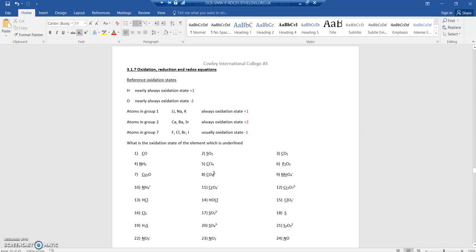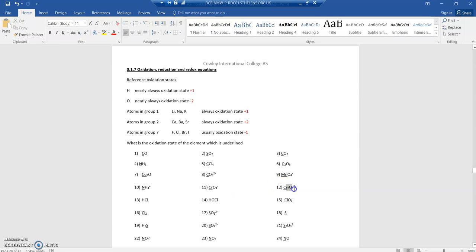X minus 6 leaves minus 2. So carbon is in plus 4. Plus 4 minus 2 minus 2 minus 2, or plus 4 minus 6, is minus 2 overall.